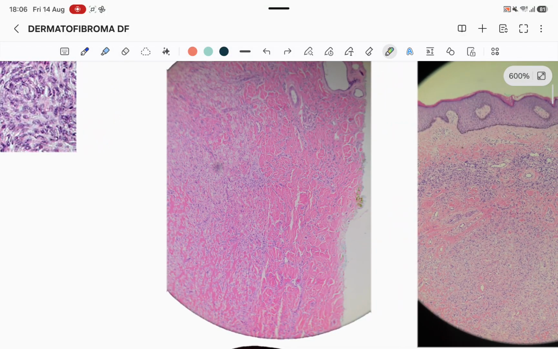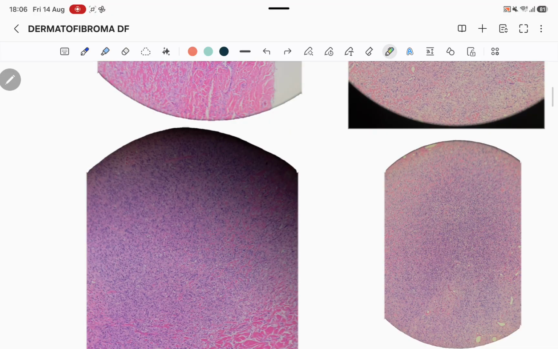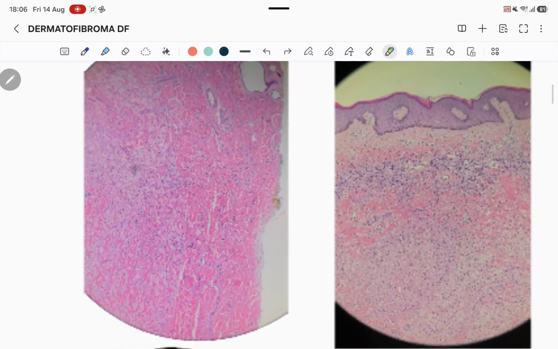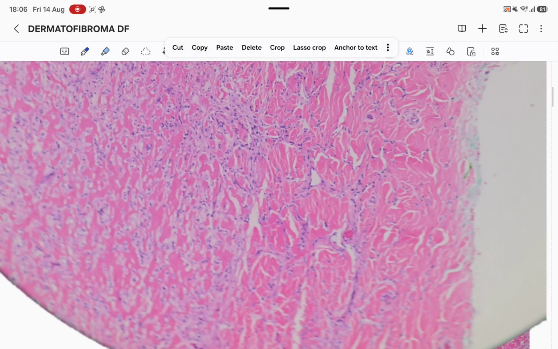So collagen entrapment, as you can see from this image, this is collagen and it's getting trapped. It is better seen here. This one also looks like entrapment of collagen fibers. You see how these cells are in here and they're just trapping it. Here is a zoom in for you.